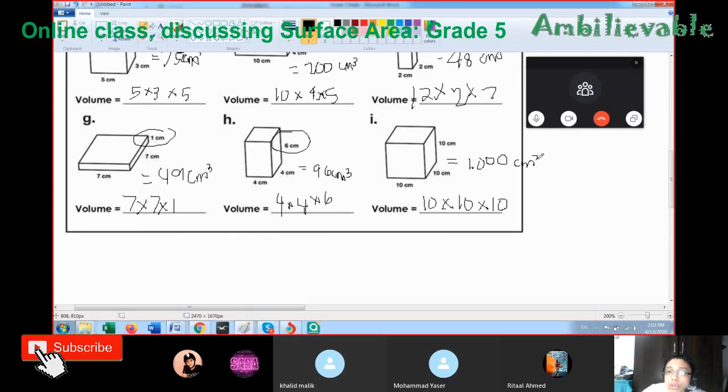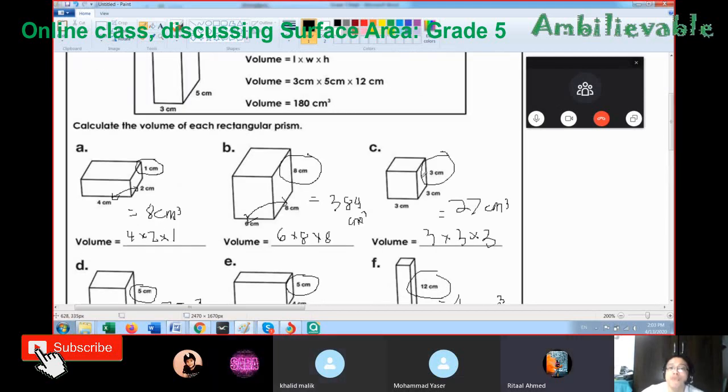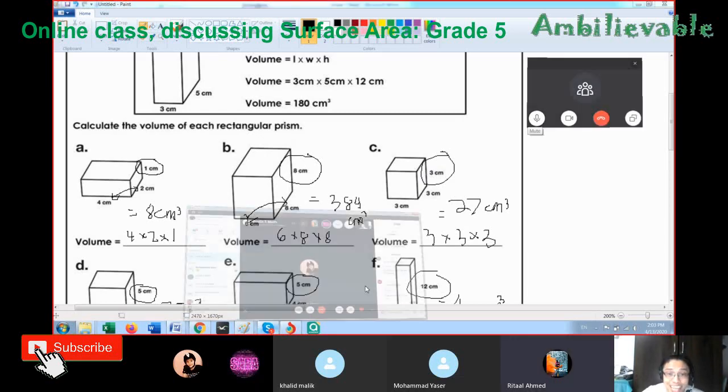Centimeters cube. And what is the height of your figure, Omar? It's 10. Correct. So that's how you do it. In solving a volume, you have to identify the dimension. You have to know the height. And of course, you're going to solve the volume properly by multiplying. Understand?